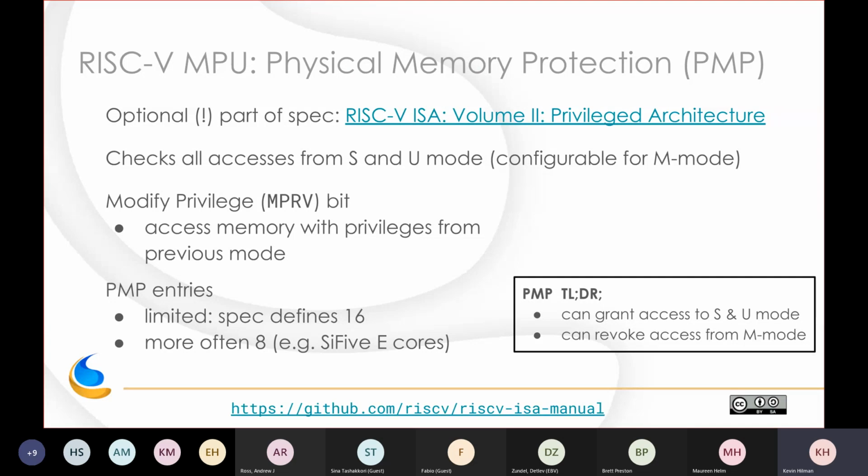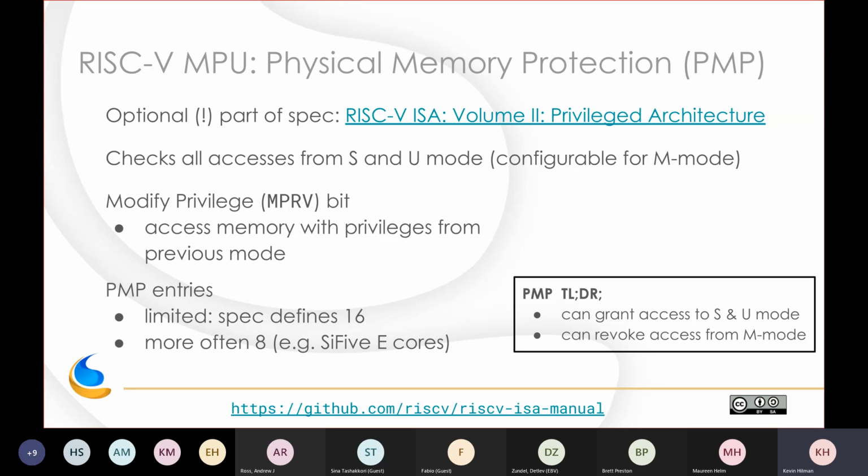Like the E family cores from SiFive, for example, which are common cores that other people design off of, will have that. But PMP is really the meat of the memory protection unit in RISC-V.